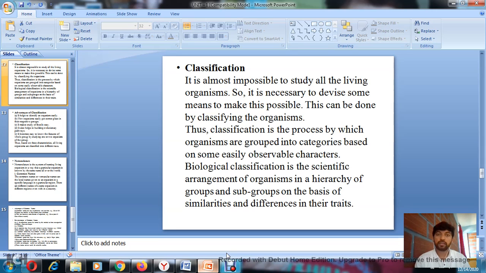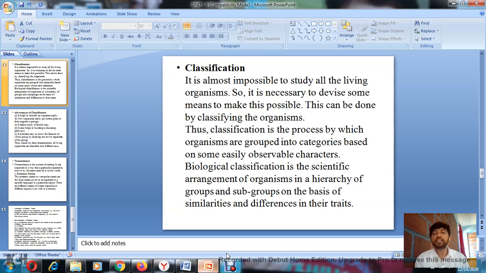Next is classification. It is almost impossible to study all the living organisms, correct? Without knowing the classification, we are not able to study all the living organisms on this diverse planet Earth.